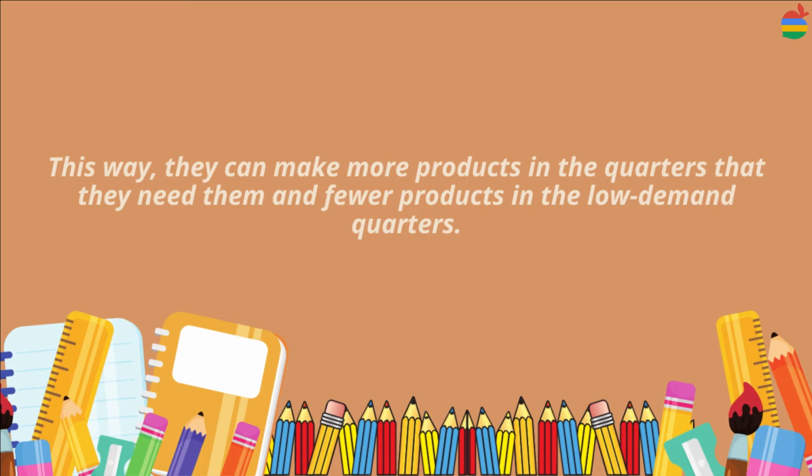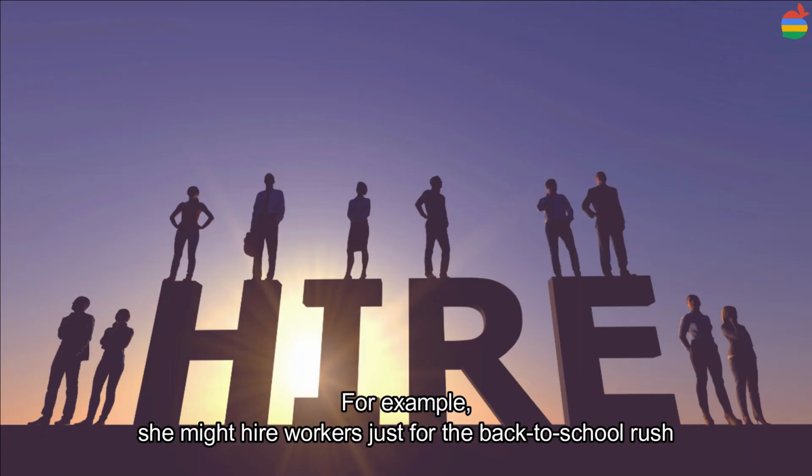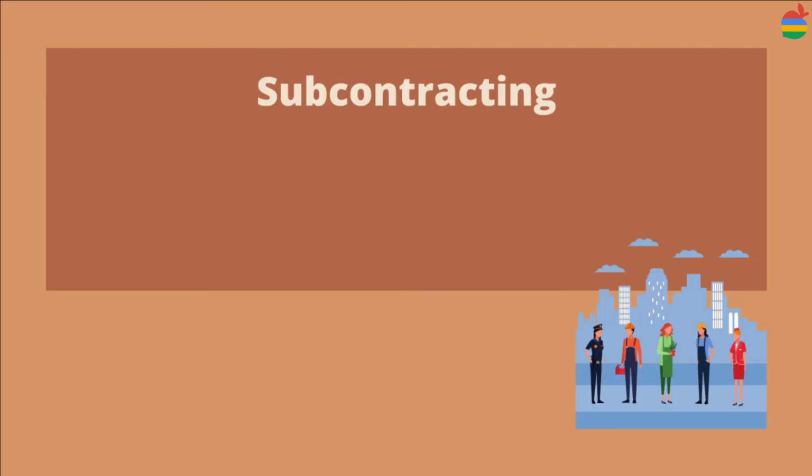Using part-time and seasonal workers is another way that Mary can implement sales and operations planning. For example, she might hire workers just for the back-to-school rush. Like overtime and undertime work, this allows Mary to make more products in busy seasons than in non-busy seasons.